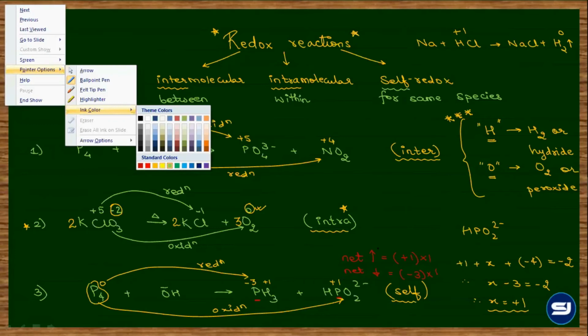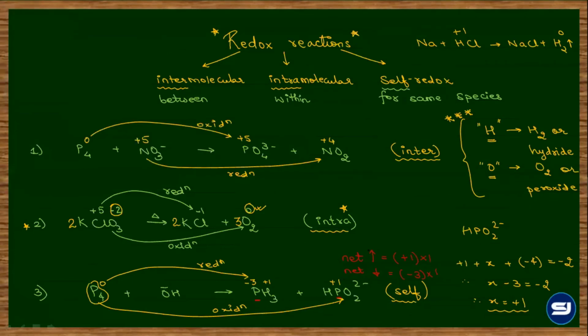But sir, don't you have to balance the phosphorus? मैंने खत्म नहीं किया. अभी देखो, the net increase and net decrease is not balanced because the increase is of +1 and decrease is -3. फिर क्या करेंगे अगर बैलेंस करना है तो? Multiply by 3. The +1 वाले स्पीशीज को मल्टीप्लाई बाय 3.